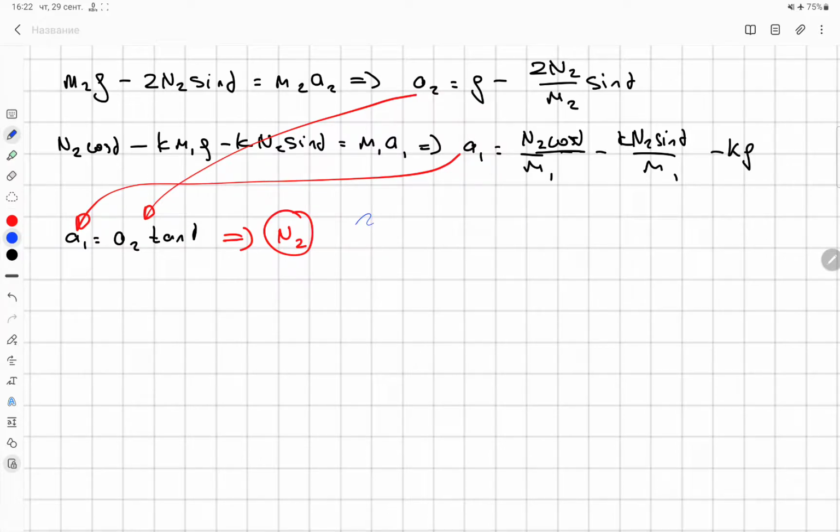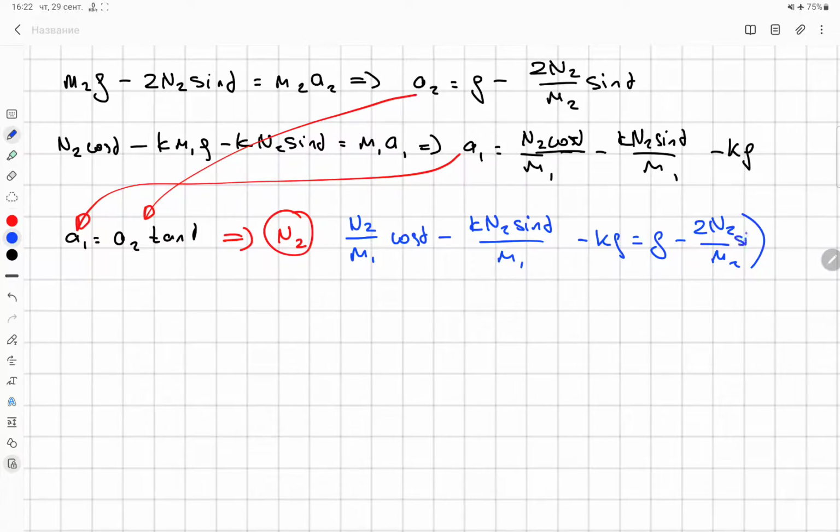So a1 equals a2 times tangent alpha, as here we have sine alpha times tangent alpha. We should be very careful.